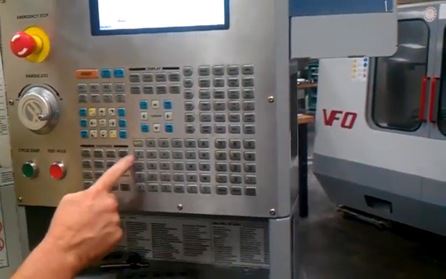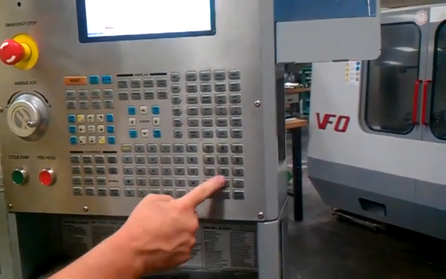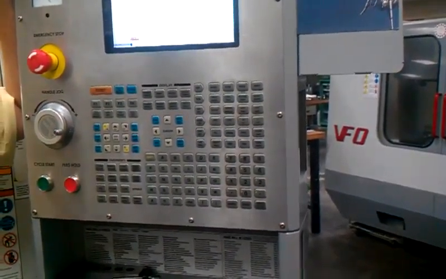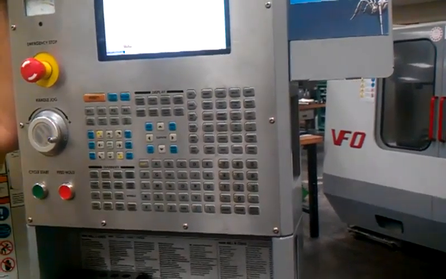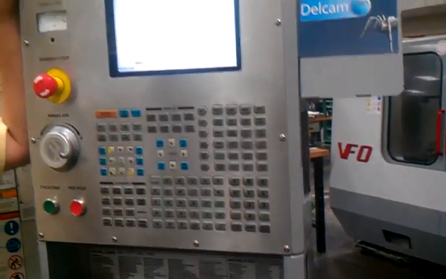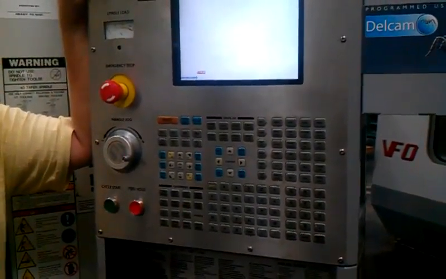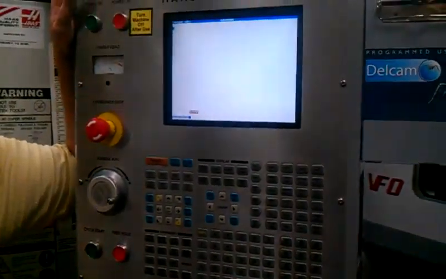G55, X0, Y0. What am I telling it here, guys? In rapid travel, absolute programming mode, with my G55 active, move to my program X0, Y0.